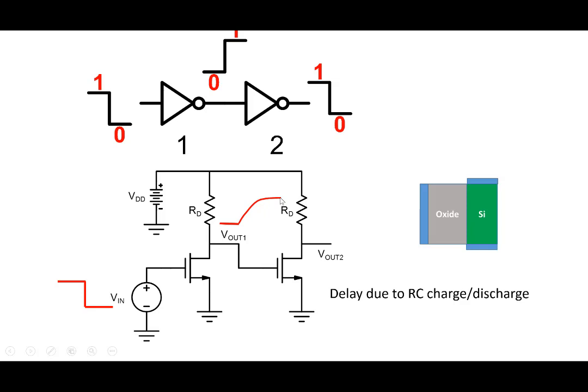Similarly, if it were high and you wanted it to go to low, well, it will also discharge through, for example, the MOSFET, and the MOSFET also has resistance in it. So both charging and discharging result in delays.